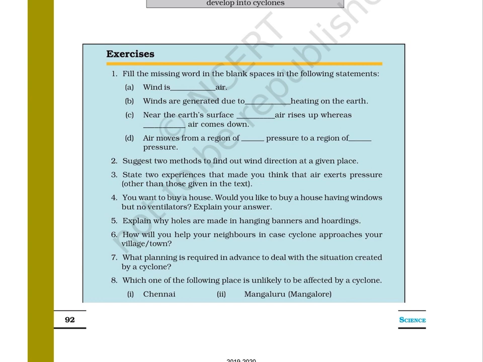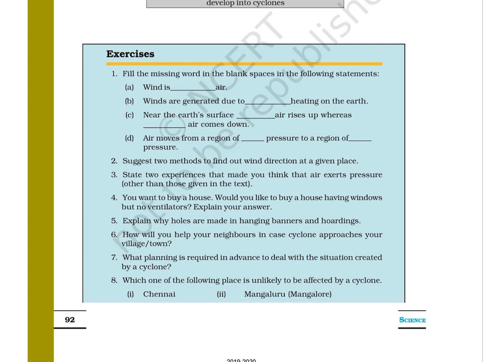C. Near the earth's surface, blank air rises up whereas blank air comes down. D. Air moves from a region of blank pressure to a region of blank pressure.